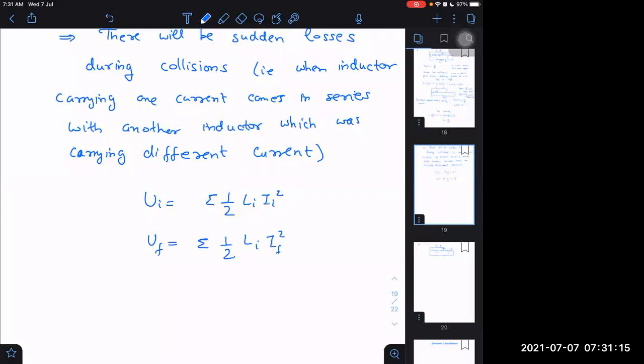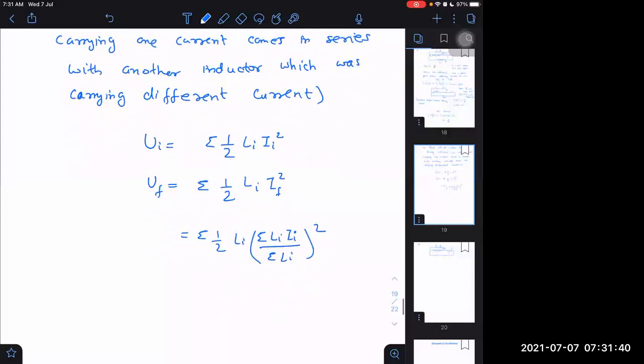So I final will be equal to I0 plus, which is sigma Li into Ii divided by sigma Li, whole square. Right or not?